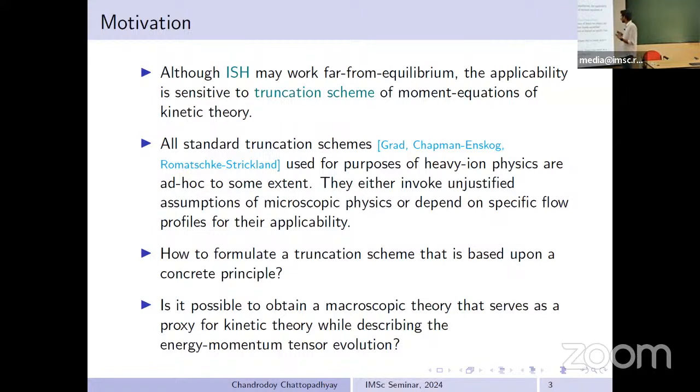So the question I try to address in this talk is how to formulate a truncation scheme that is based on some concrete principle, or whether it is possible to obtain a macroscopic theory that can serve as a proxy for kinetic theory when it comes to the description of conserved currents like the energy momentum tensor or any conserved charge current.